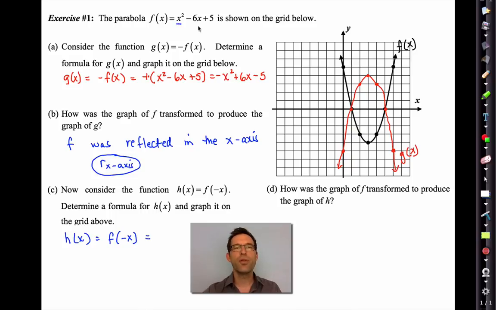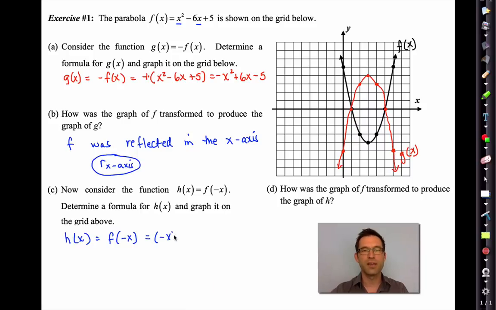Wherever there's an x in the rule for f, we now have to put a negative x in, and we have to do whatever has been done to the positive x, we now do to the negative x. We could actually put that into the calculator that way, but I'm going to simplify it a little bit. This is the piece that might be confusing for people. If we do negative x squared, we get negative x times negative x.